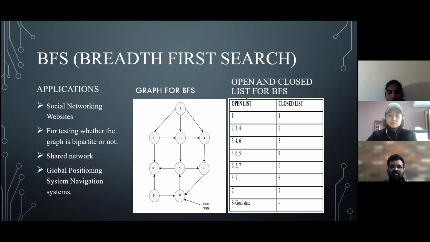The shortest path between the starting point and other reachable nodes is found by BFS, and depth first search does not always yield the shortest path. In general, BFS requires more memory than DFS.